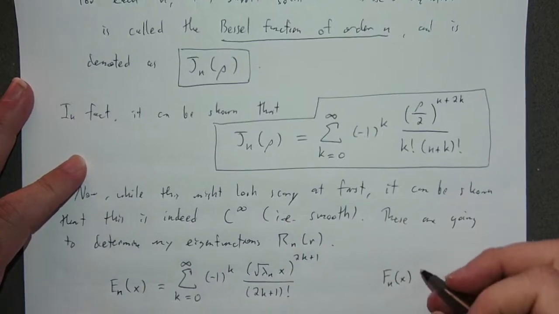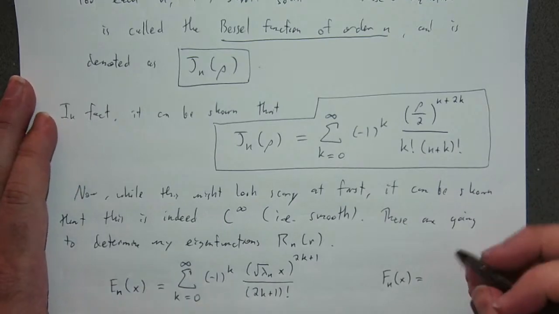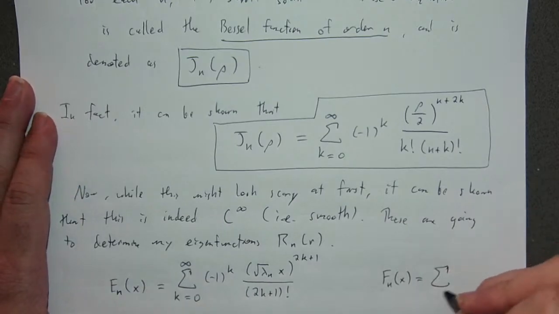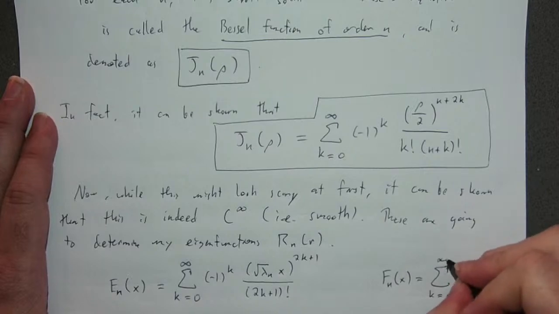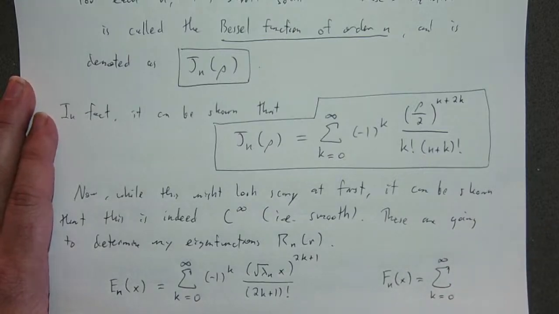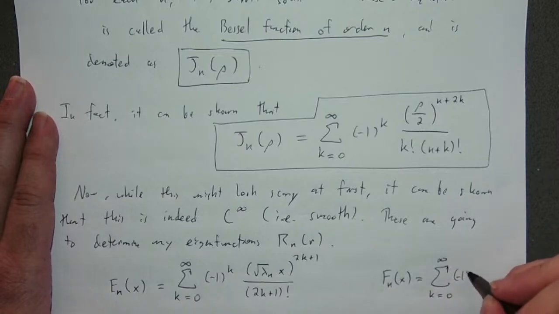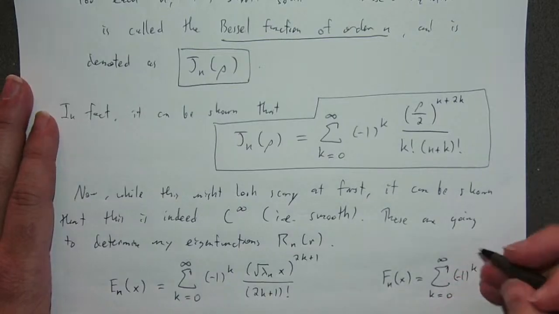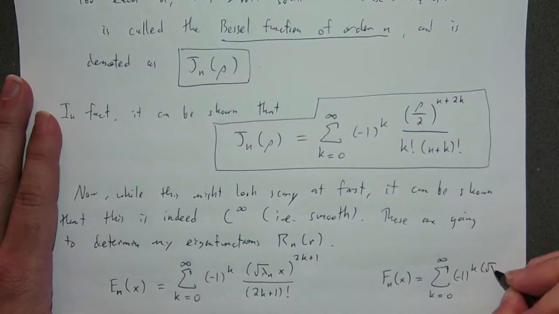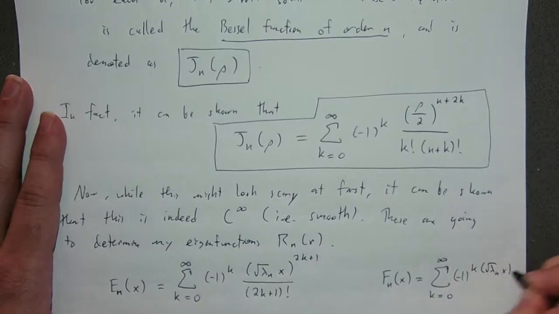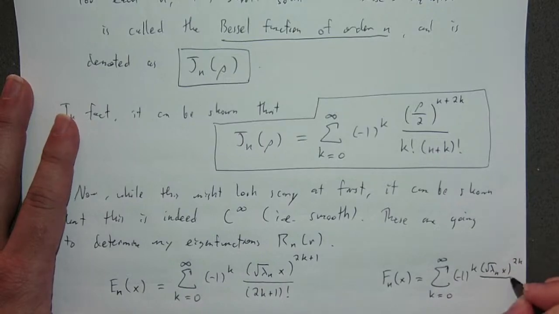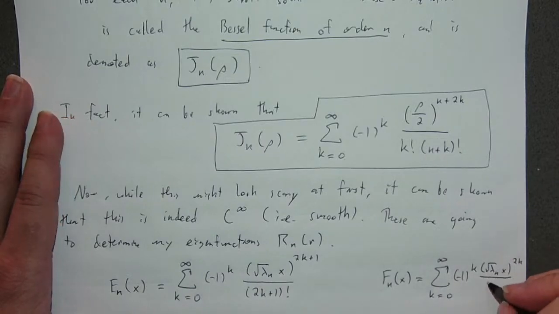So that f sub n of x is the sum from k equals 0 to infinity of minus 1 to the k times square root of lambda sub n x to the 2k over 2k factorial.